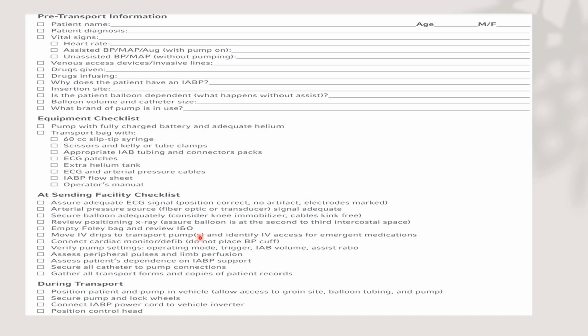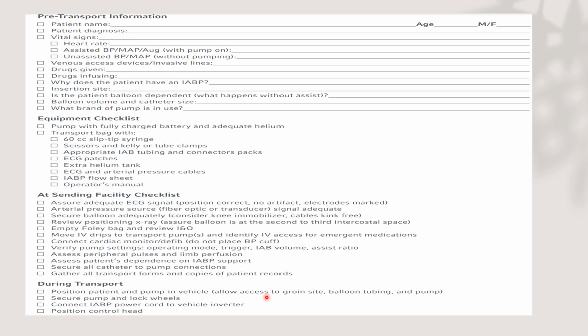And what the sending facilities should have. During transportation: the position of the patient and pump in the vehicle, allowing good access to the groin, which is very important, the balloon tubing, securing the pump and locking the wheels, connecting the power as soon as possible, and the position of the console.